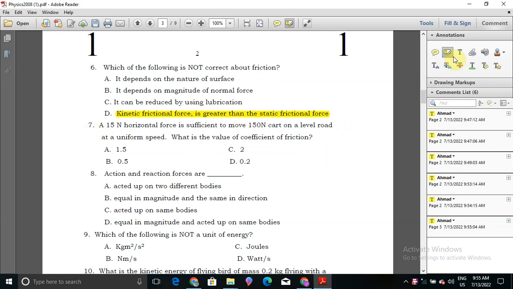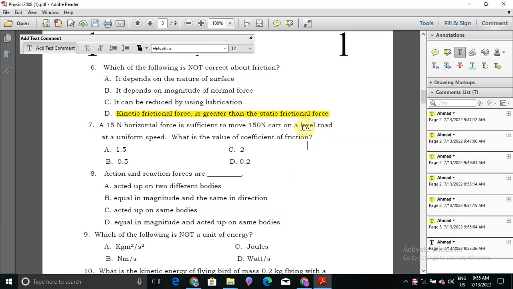Because when we divide 15 by 150, it will be 1/10, which is 0.1. But 0.1 is not among the four choices, which are 1.5, 0.5, 2 or 0.2. So in question number 7, the correct answer is 0.1, which means it has an error.